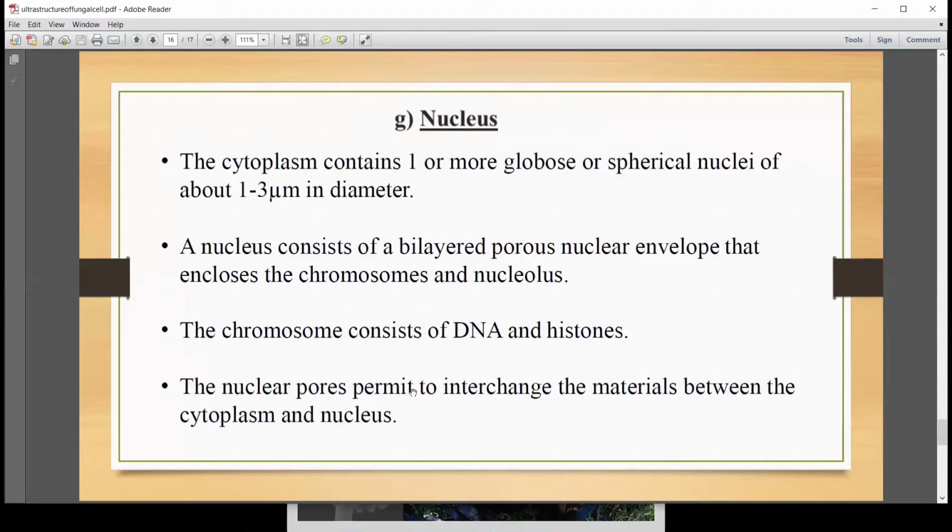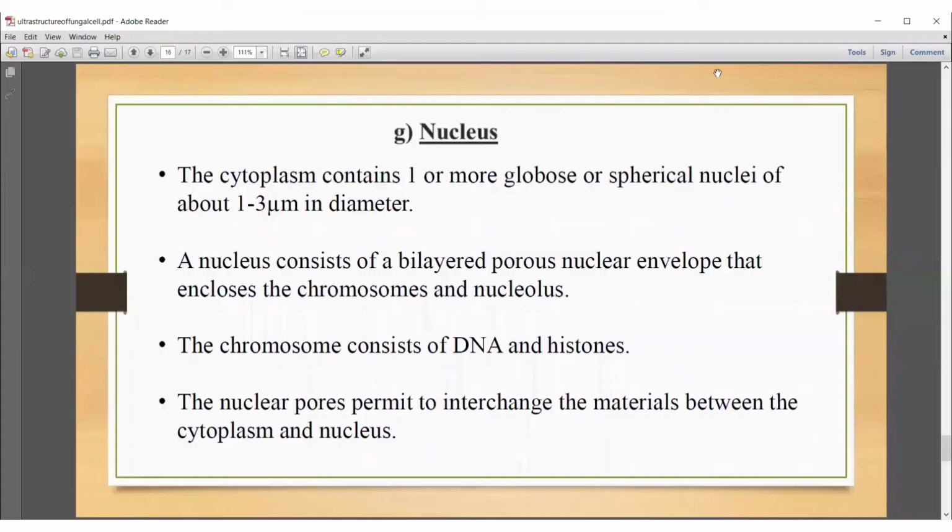The nuclear pores permit the interchange of material between the cytoplasm and nucleus.